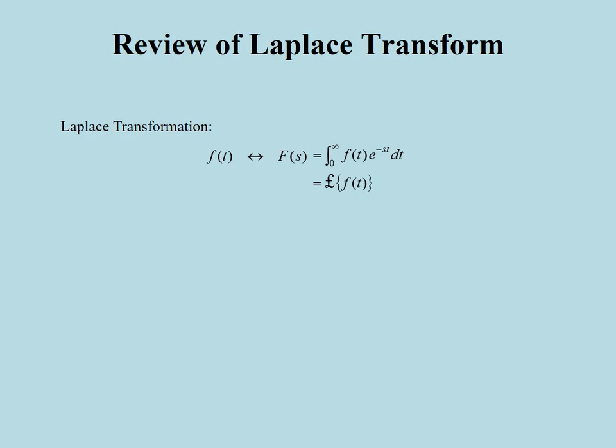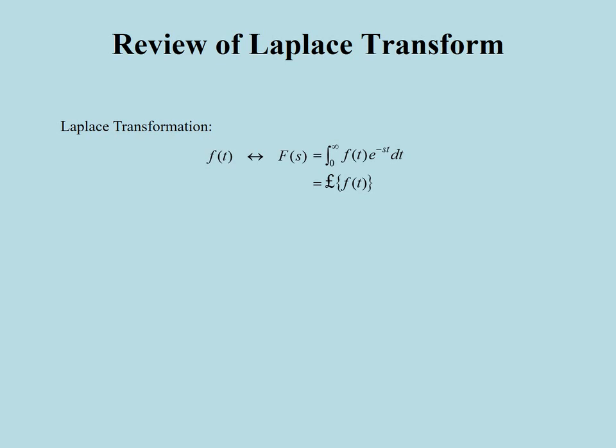Note that the integral is over the variable t, so that the result is a function of s. We will show this operation on the function f(t) by a large script L referring to Laplace transformation. The variable t is not necessarily but usually the time variable, whereas s is a frequency domain variable.